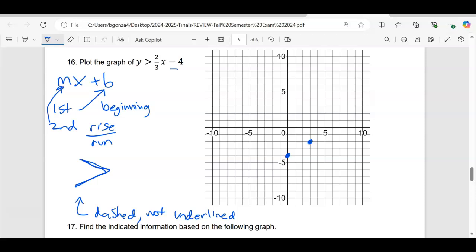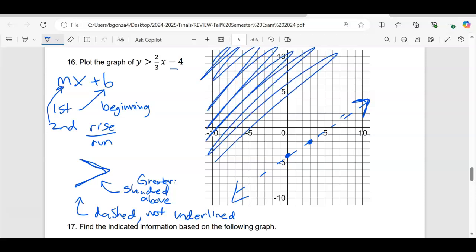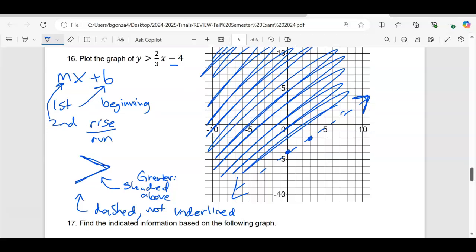And then this is greater, shaded above. Greater means shaded above. So for these two points, I need to make a dash, dash, dash, dash. Okay? A nice dashed line, and I have to shade it above. Cool. Keep going.